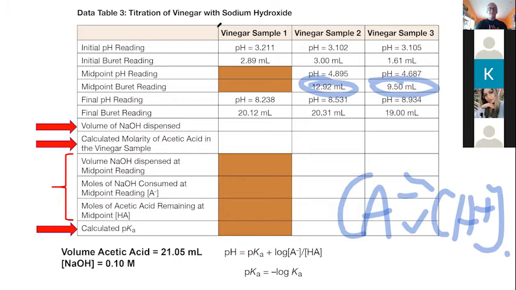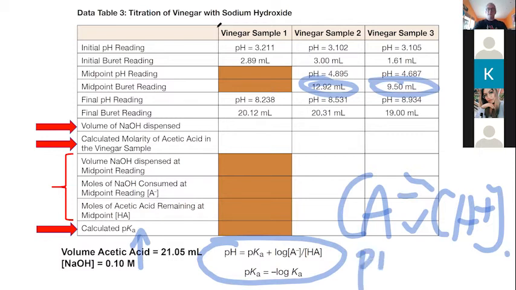So you use this equation, the Henderson-Hasselbalch equation. That's also in the write-up. You can figure out what the pKa is. You go backwards. What was the pH at midway? What was the concentration of A minus and HA, and you can figure out what the pKa is. Okay?